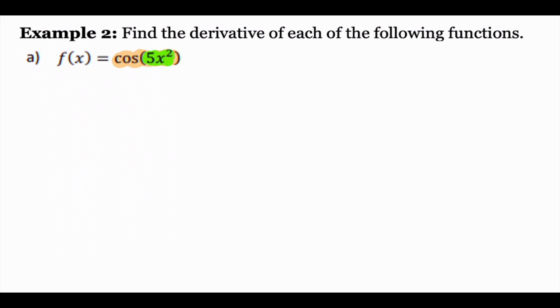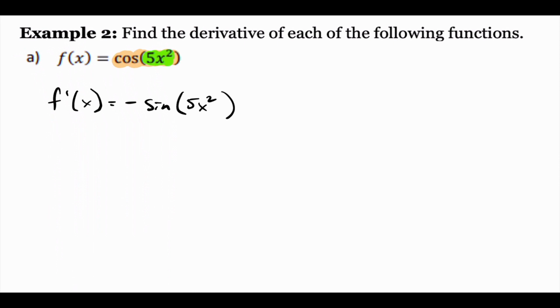So that's cosine. So what's the derivative of cosine? Negative sine, right? So first thing we're going to do is write negative sine parentheses. That's the derivative of cosine. Rewrite the inside. We're not touching the inside yet. Rewrite it. 5x squared. Find the derivative of the outside, leave the inside untouched.